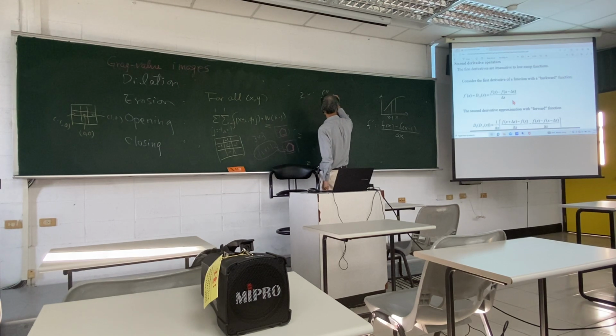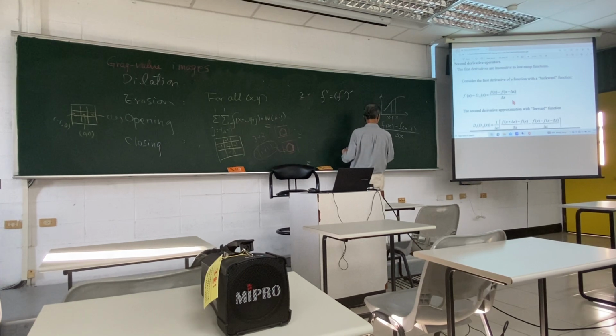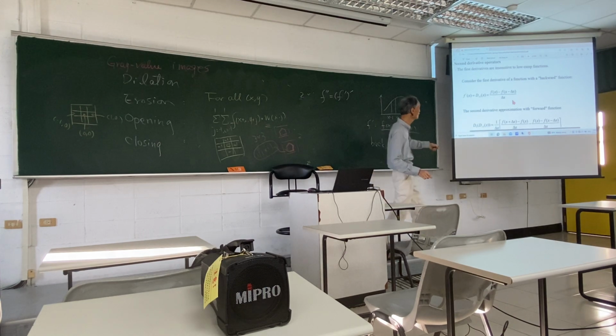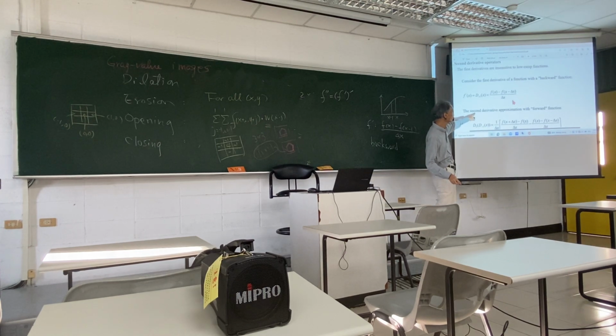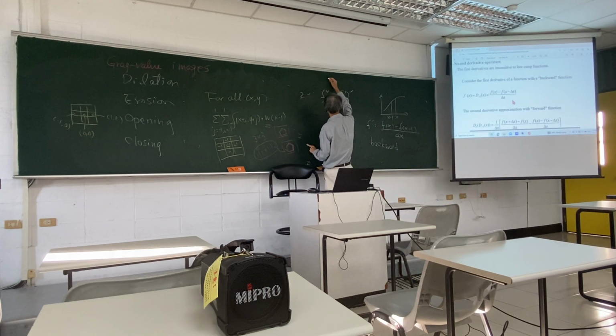The second derivative is the first derivative of the first derivative, right? The first derivative of the first derivative is the second derivative. Now, this is backward. We call this backward. Now, we take the second derivative with the forward.